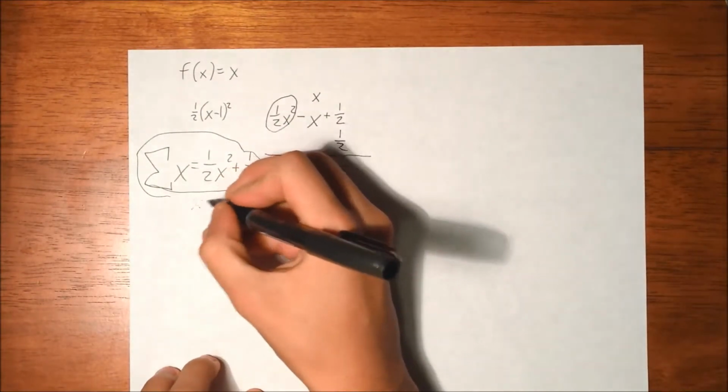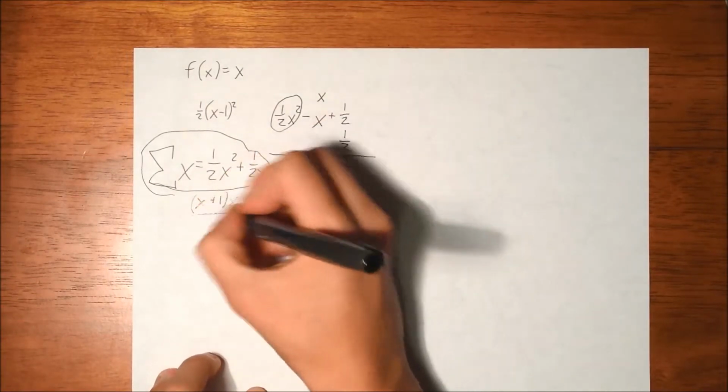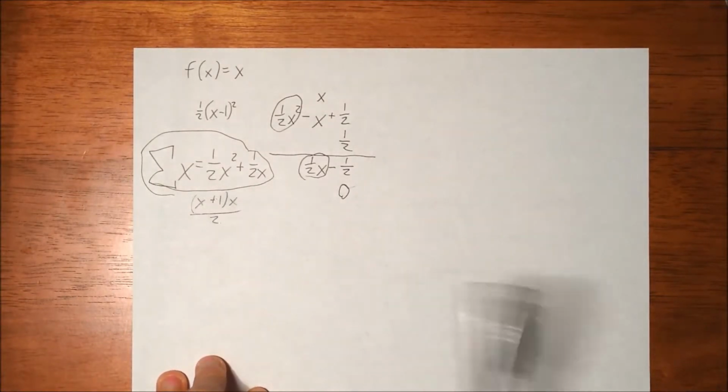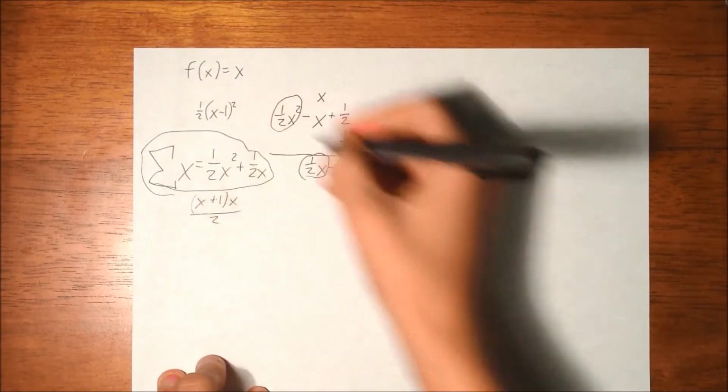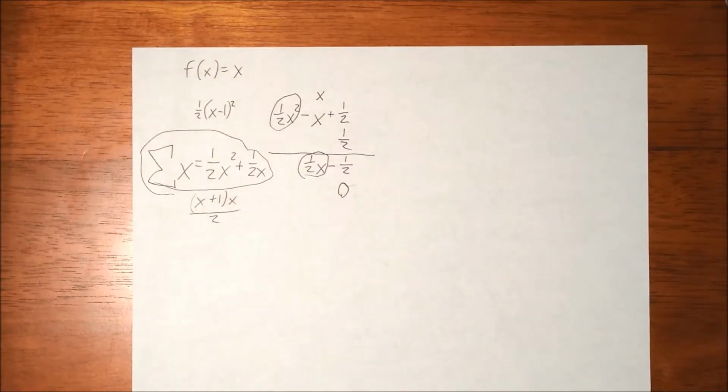Sometimes it's written as, I believe, x plus 1 times x over 2, but whenever you expand that, it ends up with the polynomial of that. But x is a very simple expression.